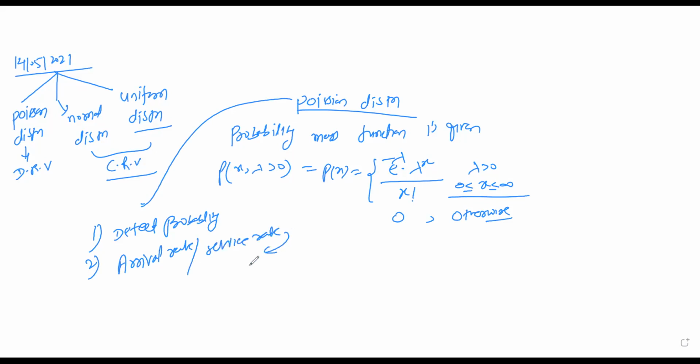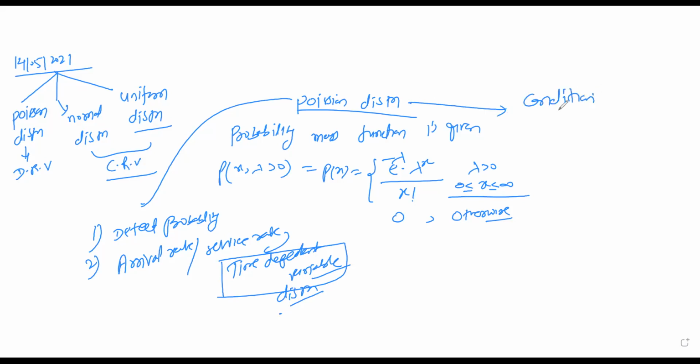So from here we can say that it's a time dependent variable or parameter. If they ask you whether the Poisson distribution is time independent or time dependent, we can say that it's a time dependent distribution.